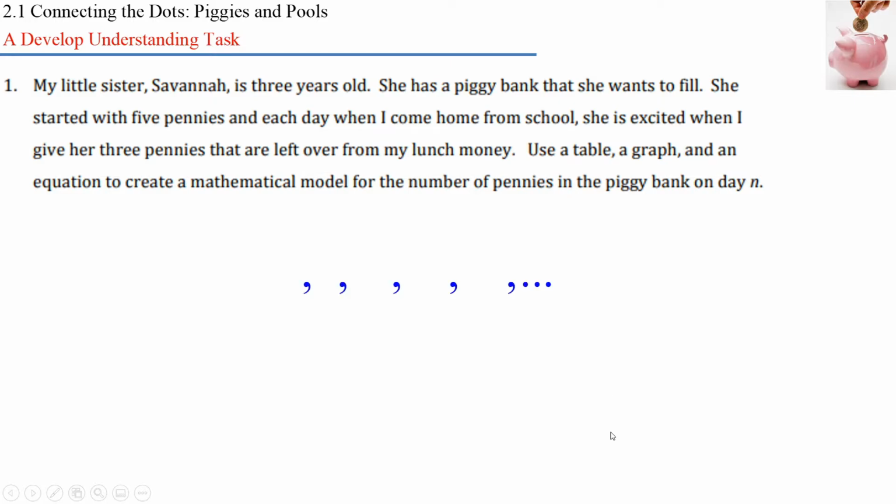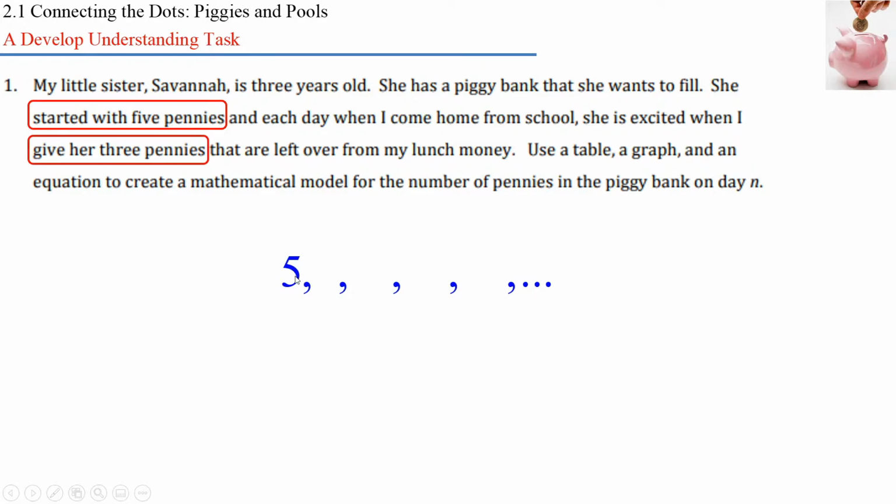All right, so let's start with a sequence. Okay, and you think to yourself, how many pennies did Savannah start with? Well, she had 5 pennies, so our first number in the sequence will be 5. All right, then on each day when I come home from school, she is excited when I give her 3 pennies.